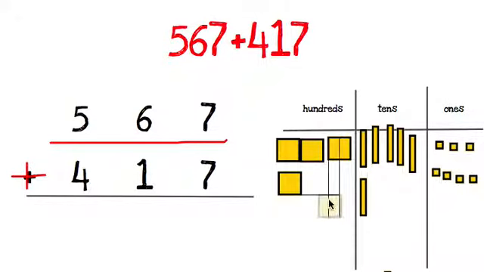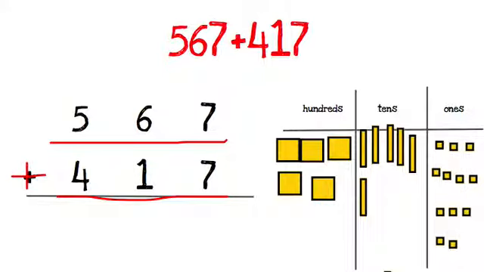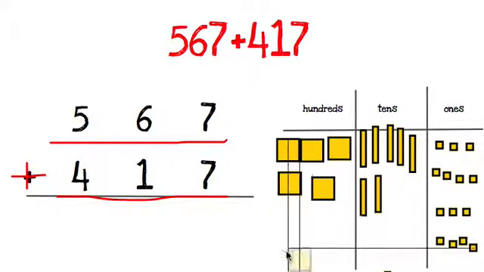So now I'm going to draw my bottom number. I have 7 ones. I have 1 ten and 4 hundreds.